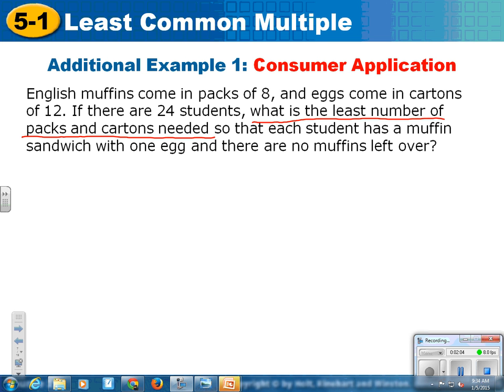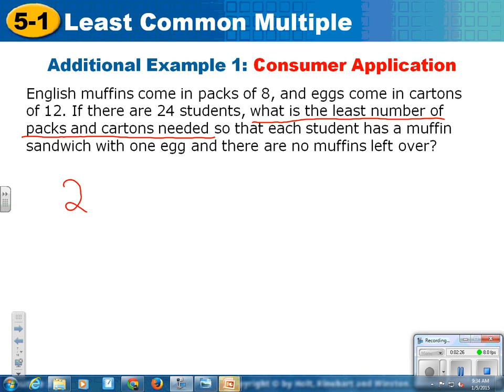If muffins come in packs of 8, how many packs do I have to buy to get 24 of them? 3. And if eggs come in carton of 12, how many cartons of eggs do I have to buy so that I get 24 of them? 2. So my answer is this simple.